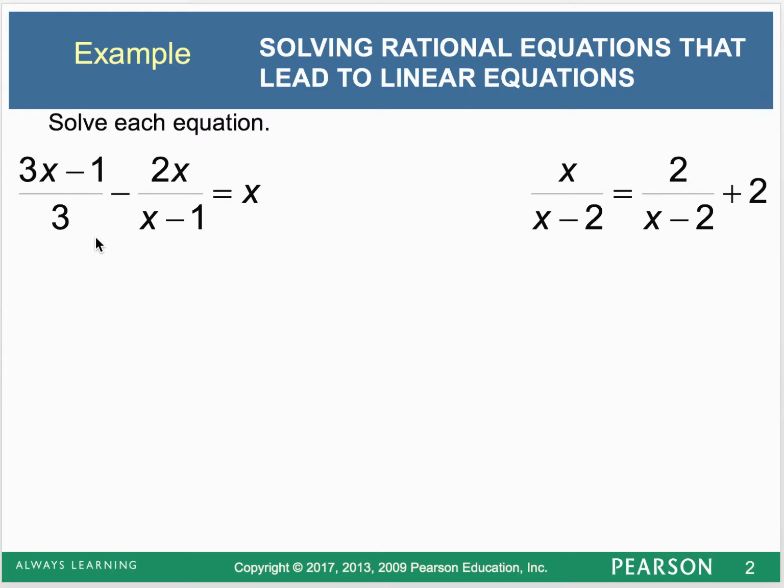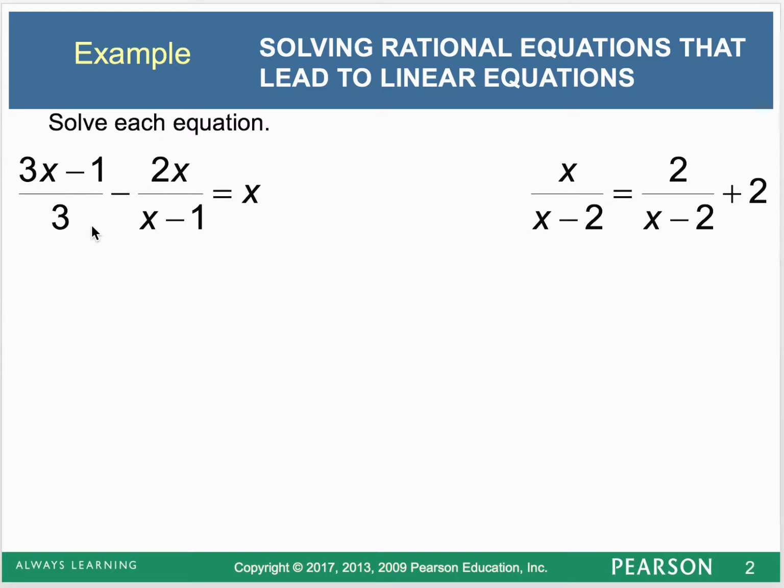To find a common denominator, factor all your denominators, and then you take any factors they have in common plus any additional factors, and that's your common denominator. So I don't see one on this, but we'll do some examples later where we actually have to find a common denominator that's not quite as simple as these.